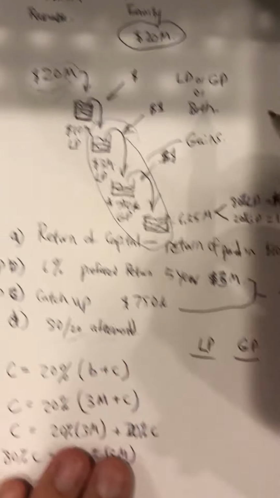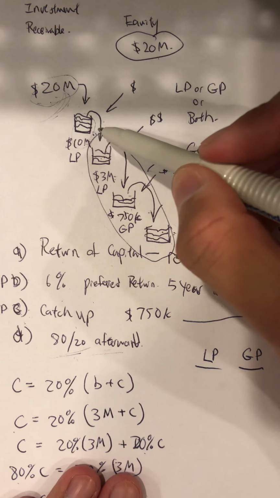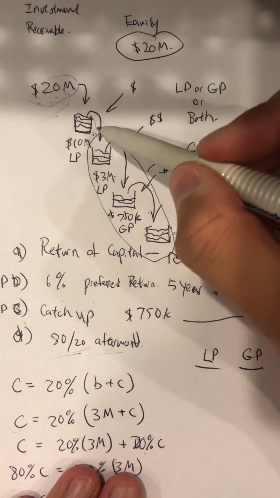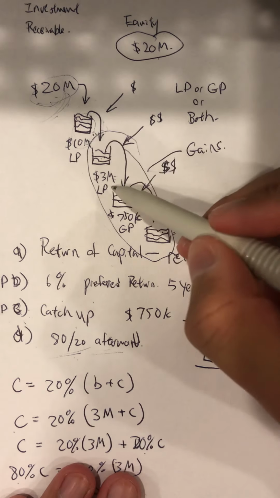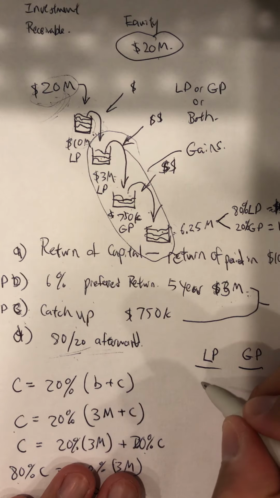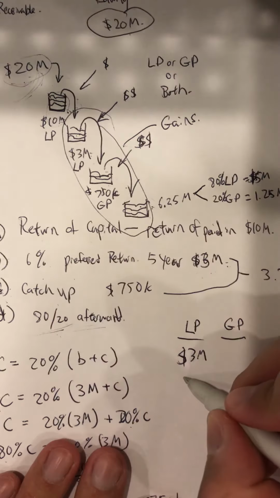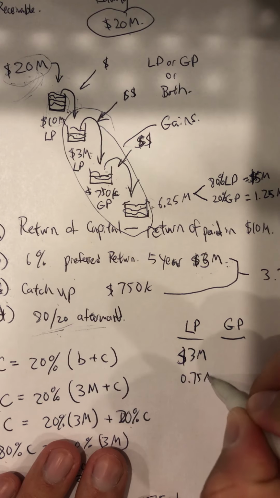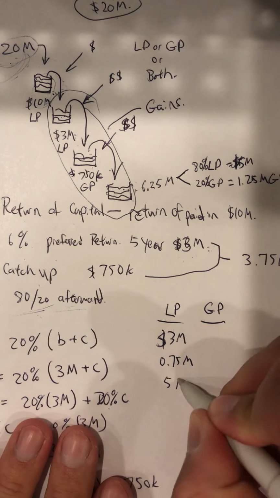Okay. So the return on capital, let's not worry about that, because remember, that's not gain, right? So the 80-20 is only gains. The LP here got 3 million, and then it got another 0.75 million, and then it got 5 million, right?